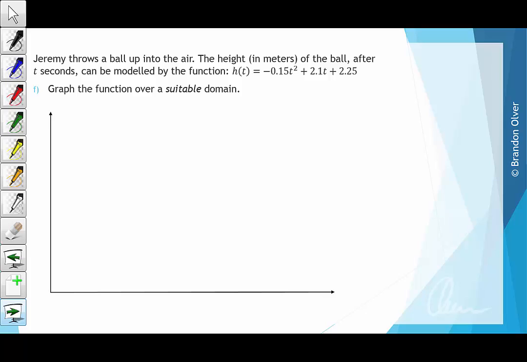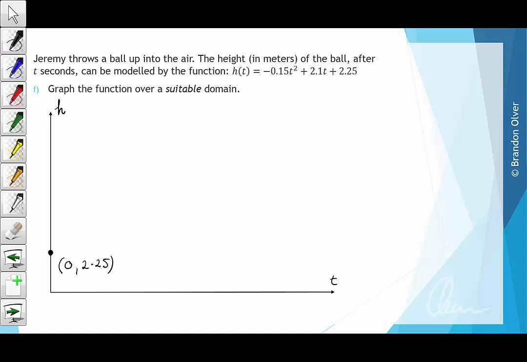So lastly, part F gets us to graph this function over a suitable domain. So we've found a lot of the key points on here. We know that the ball leaves Jeremy's hand when the time is 0 and the height is 2.25 meters. So that's the y-intercept, or the h-intercept in this case.